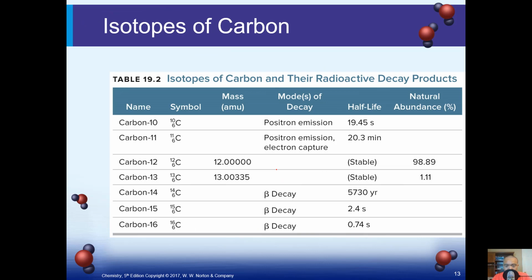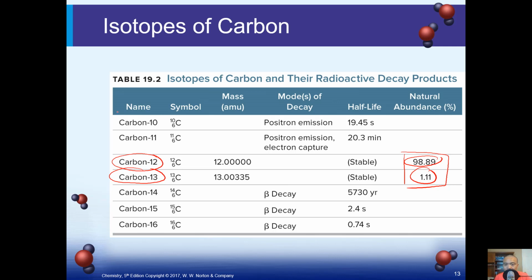The known isotopes of carbon are presented in the table listed over here. Note that carbon-12 and carbon-13 are naturally occurring carbon isotopes. Their relative natural abundances are known as shown over here. If you can recall, these natural abundances are used to calculate the average atomic mass for carbon in the periodic table.